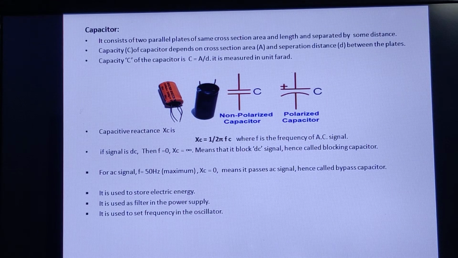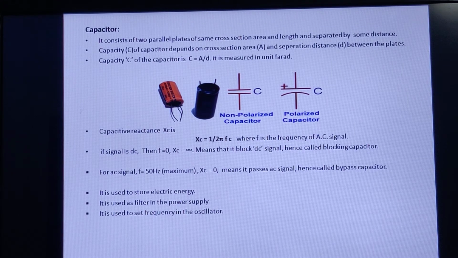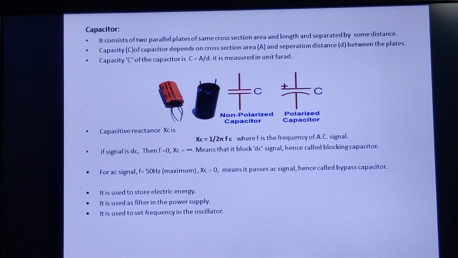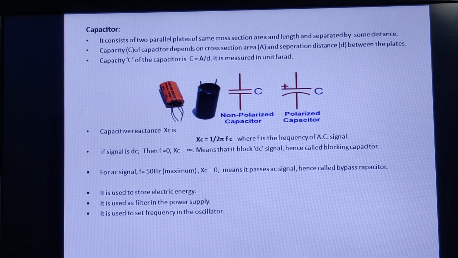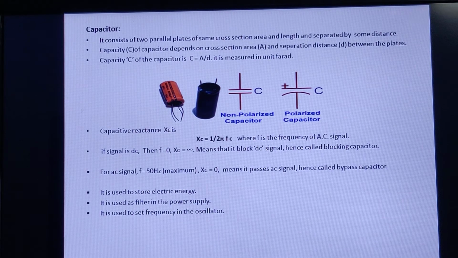For an AC signal, the maximum frequency in India is about 50 Hz. For this frequency, capacitive reactance becomes 0. It means that it passes the AC signal, so it is called the bypass capacitor.